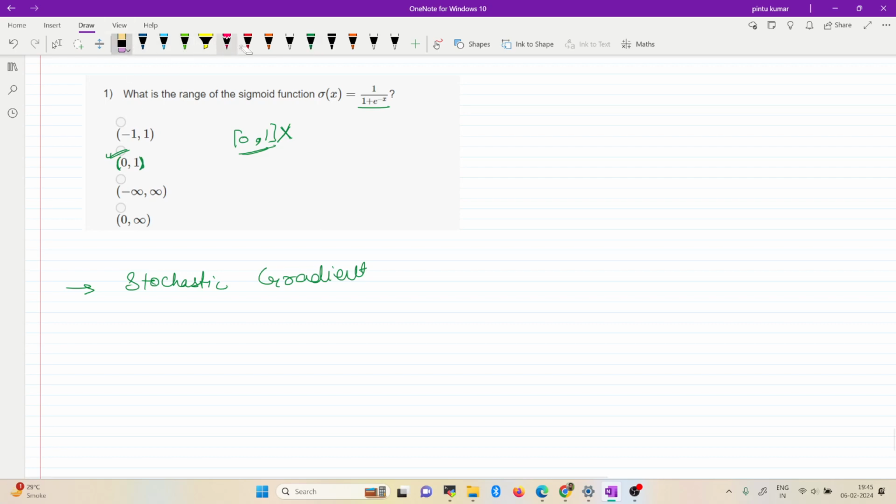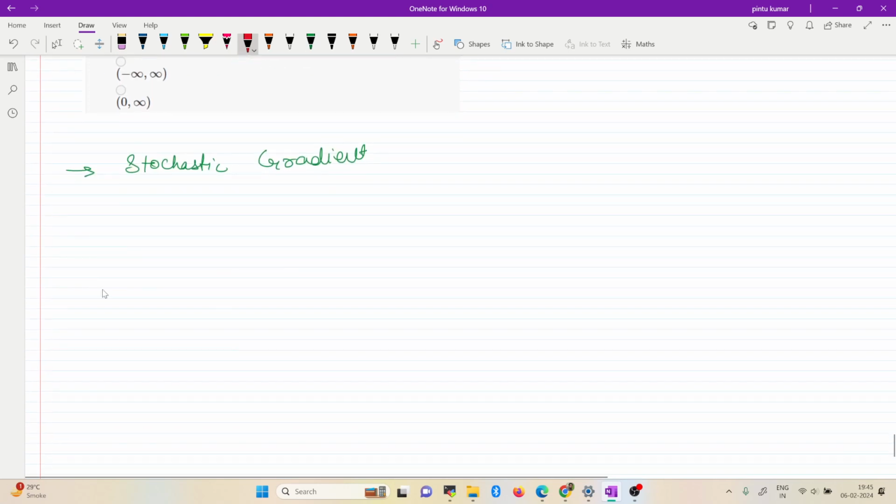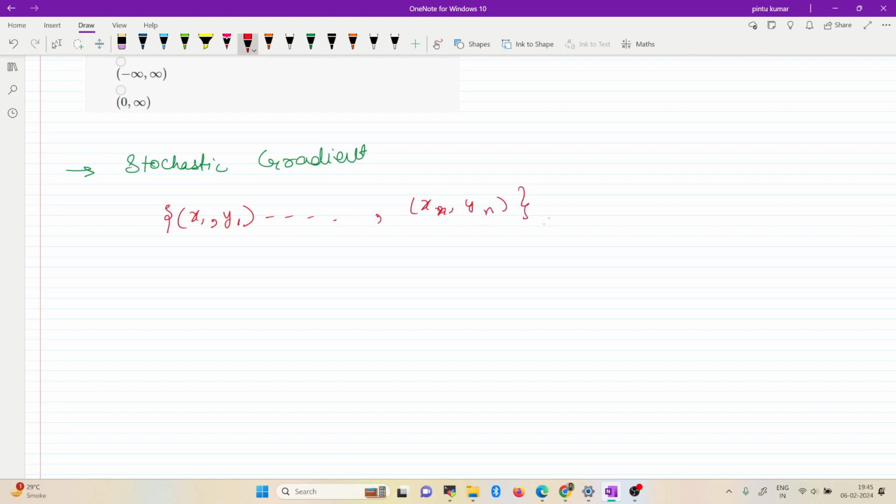Let's first talk about that from a deep learning perspective. So we will have a bunch of training data points with us. Let's say these are x1 to xn and y1 to yn. We have these data points, and we have some network.